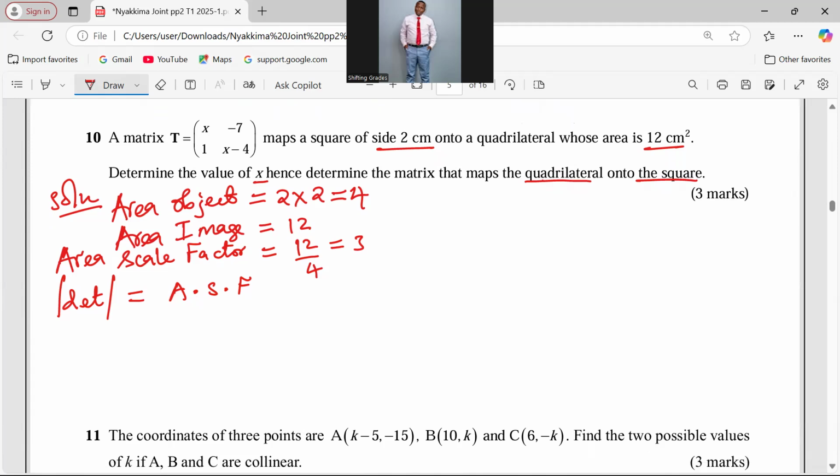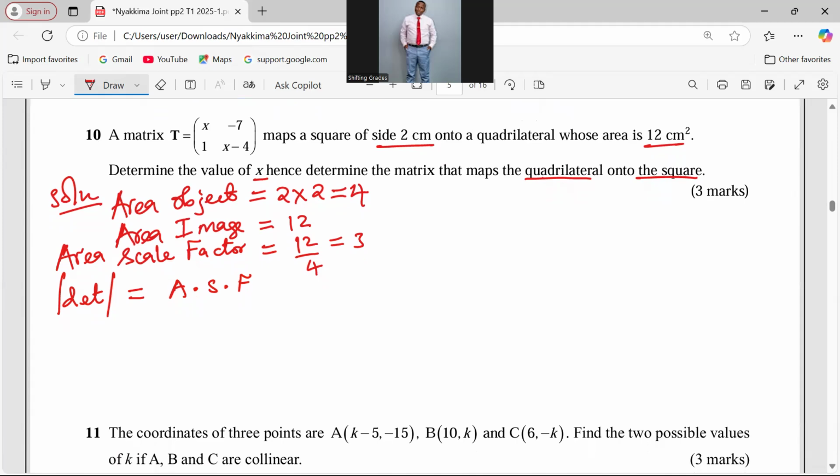Therefore, we can say that the determinant, which is given by the product of elements in the leading diagonal minus the product of the elements in the other diagonal, so we are talking of x multiplied by x minus 4, then minus 1 multiplied by -7, we should get 3.